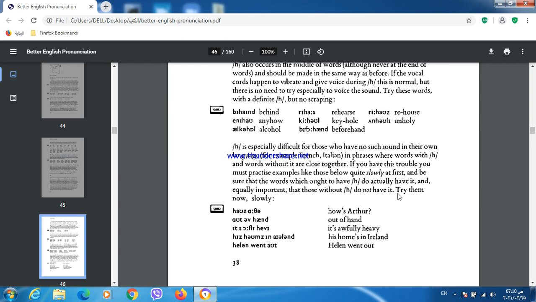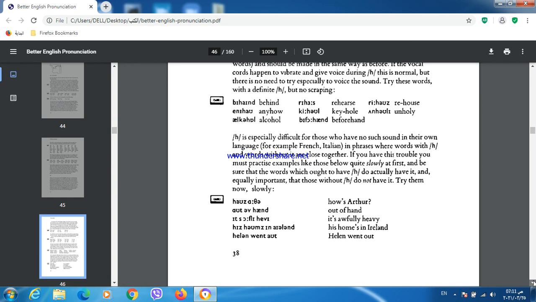For example: house, Arthur, out of hand, it's awfully heavy, his homes in Ireland, and Helen went out.